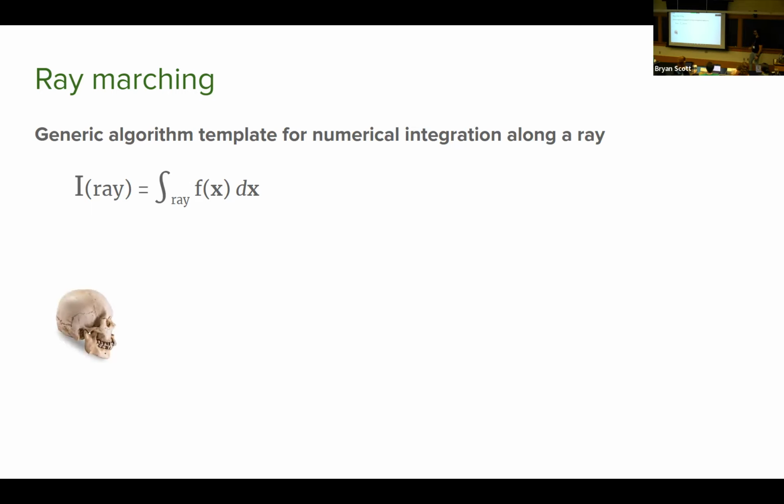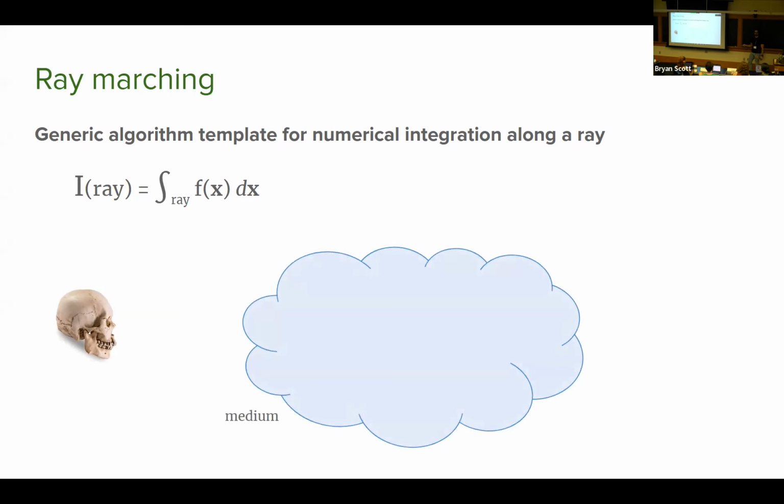I don't know why it's a skeleton, but it's a skeleton. And the skeleton is looking at a cloud or medium, and is looking along the ray. So this would be, as per your question earlier, a single pixel in your image, and that pixel is represented just as a ray. We know that in reality it's not just a ray, but kind of a bundle of rays. But we can just simplify it for now.